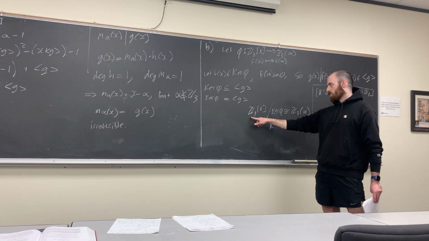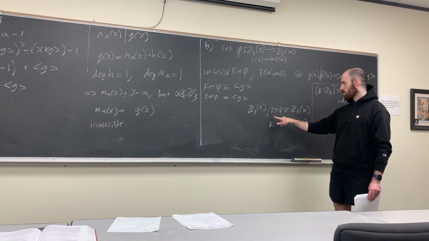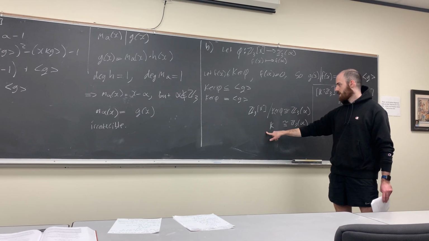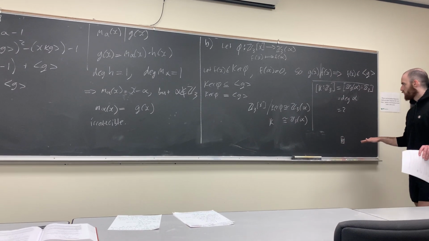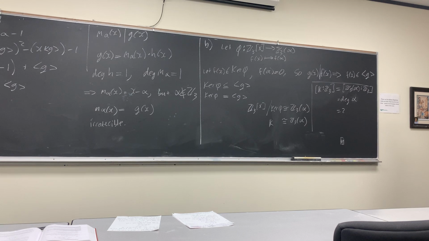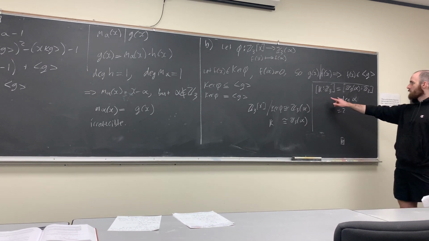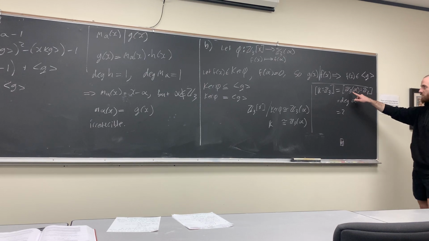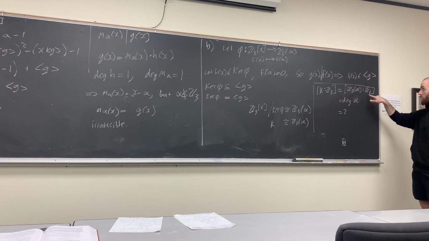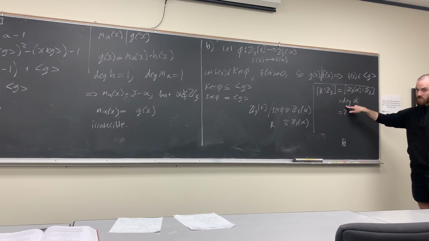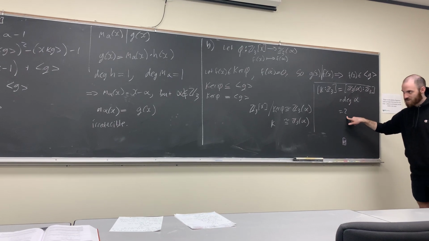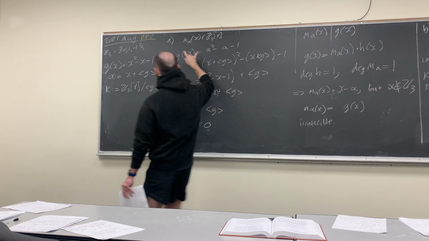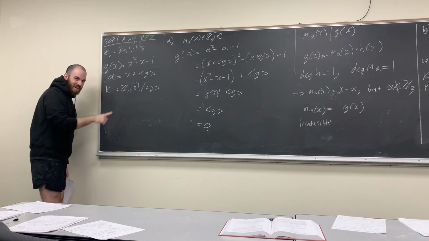Then by the first isomorphism theorem, when we mod out by our kernel, this is just K. And then we have the degree of the extension. So the extension of K over Z3 is the degree of the extension of Z3 adjoin alpha over Z3, which is the degree of alpha, which is 2, because the minimal polynomial of alpha is g and is quadratic.